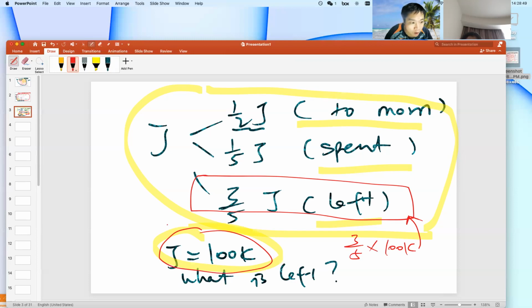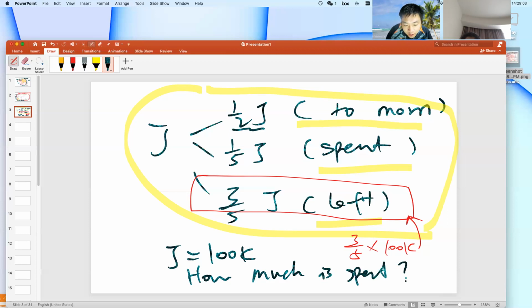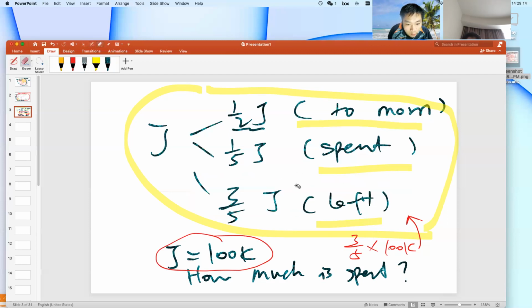Or what if the question changes? Let's say the question changed to how much is spent? If the question asks how much is spent, same thing. I will not stop at J equals 100K, because whenever I read the question, how much is spent, I will come here and read, where is the spent? This is the spent.